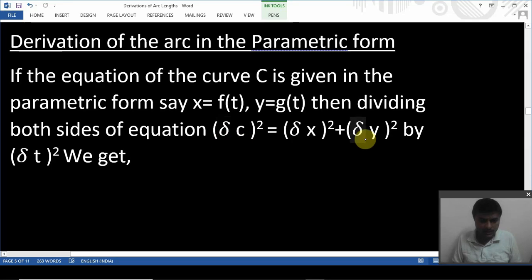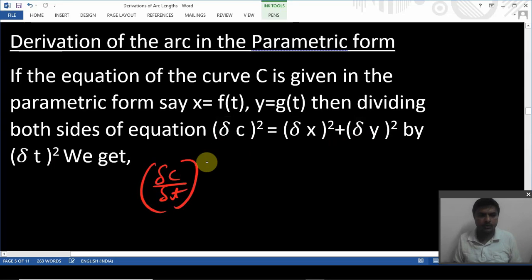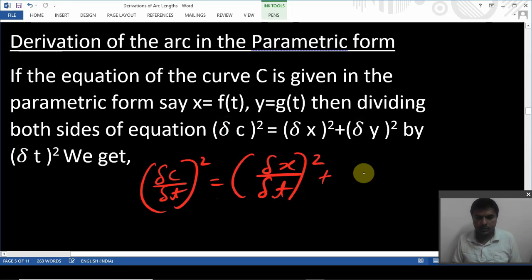Easily one can write this equation. Now we simplify, divide this by delta t the whole square. So delta c divided by delta t the whole square is equal to delta x divided by delta t the whole square plus delta y divided by delta t the whole square.